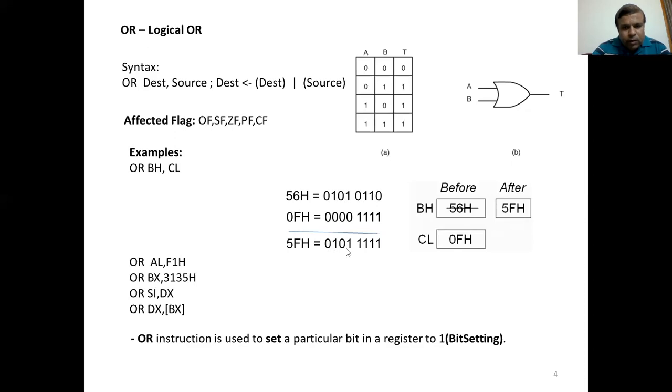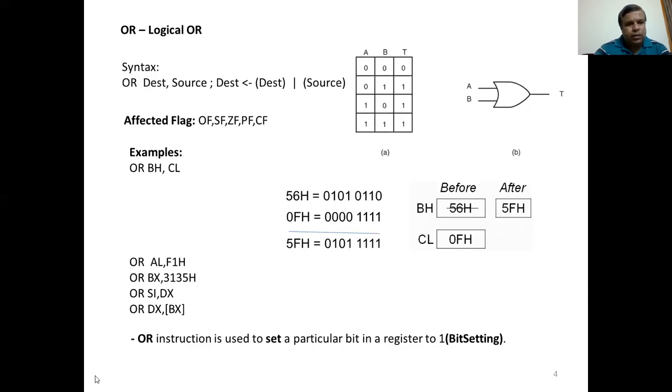Finally, if you group 4 bits in the binary, you will get the hexadecimal number 0101 is 5, 1111 is F. So after the execution of this OR BH, CL instruction, the result will be in BH. BH contains this 5FH.